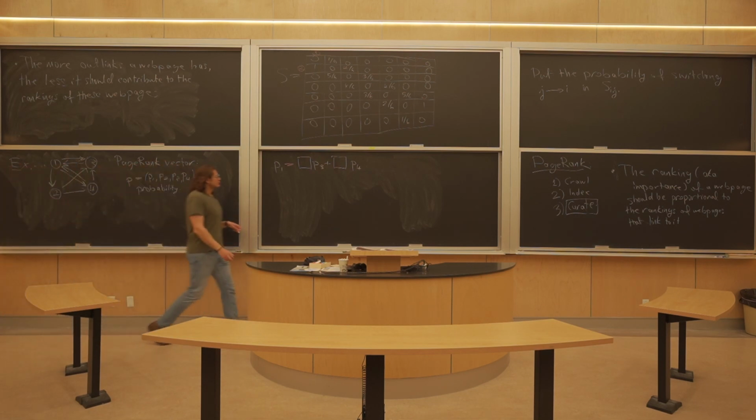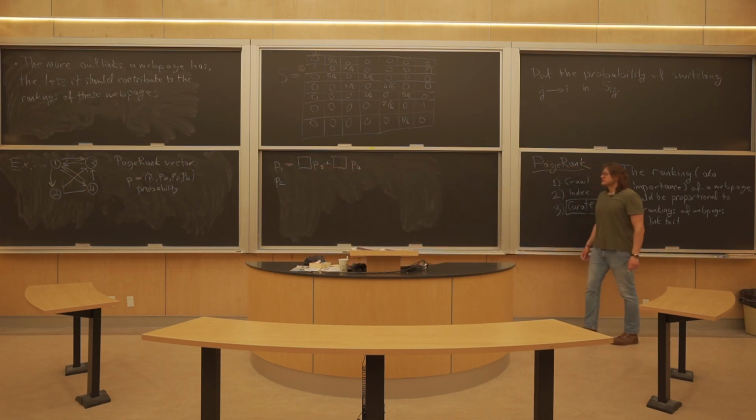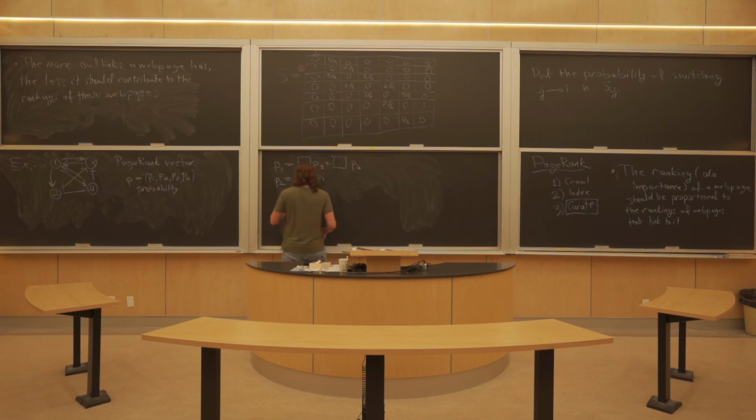So the page rank of the second web page should be proportional to the page rank of the first web page. How about 3? So web page 1, 2, and 4, they all have links to web page 3. So the page rank of web page 3 should be some linear combination of them.